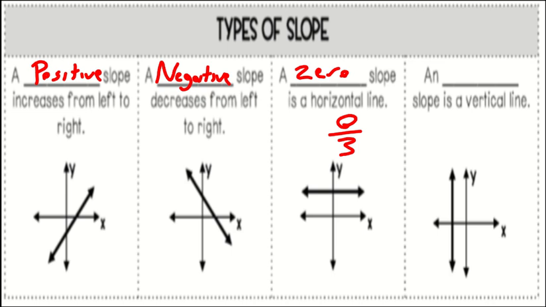The last one, a vertical line, has no run. Okay? It's all rise, no run. So if I flip that one around, we're dividing by 0. When you divide, you're seeing how many times something goes into something, right? All right, so I just emptied my pocket. If I take a whole lot of nothing in my hand, how many times can I put nothing into my pocket until it's full?